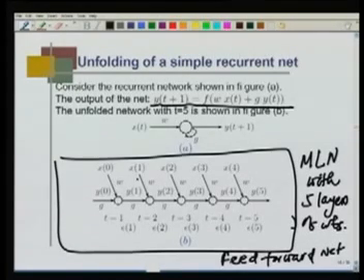Initially these w and g are all random values, but the w's are all the same, and similarly the g's. Then I take the initial condition y naught and x naught as the input and compute y1, take x1, compute y2, take x2, compute y3, take x3, compute y4, take x4, compute y5.